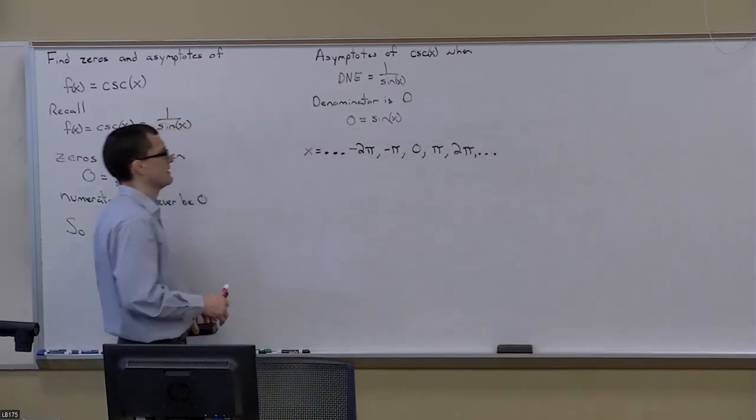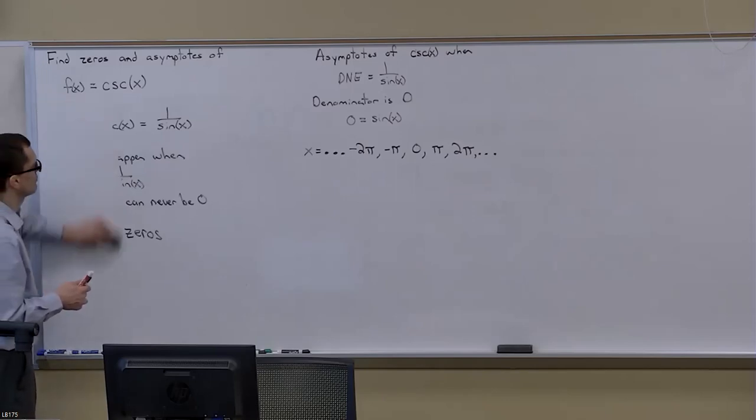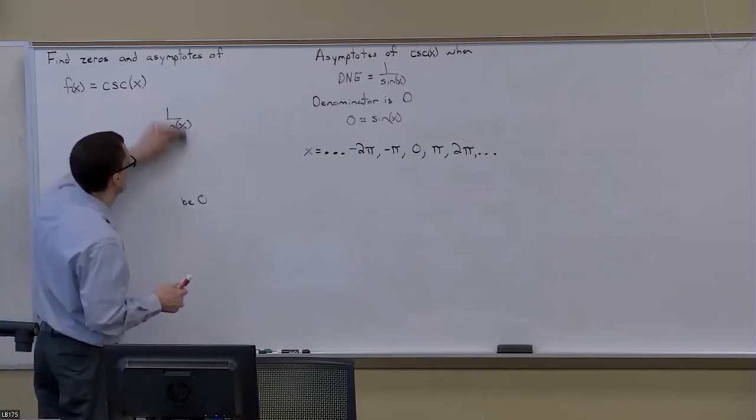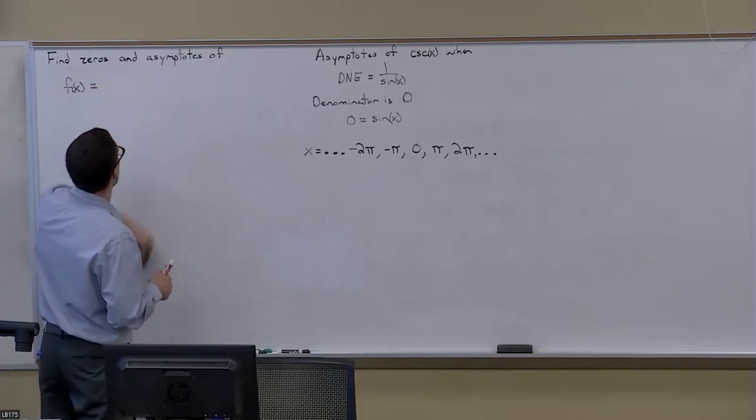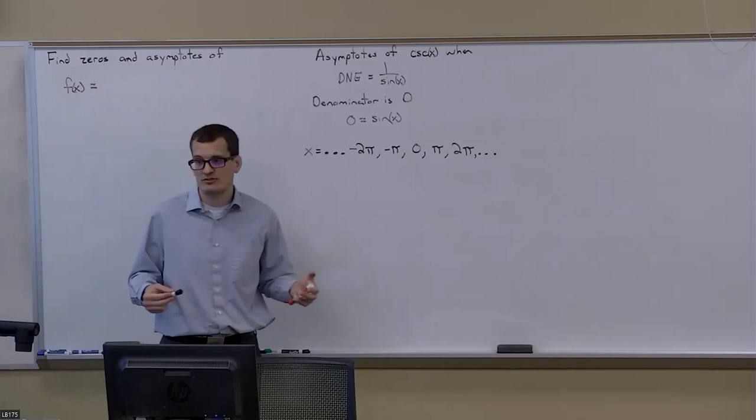And now what we're going to do is ask, what about the zeros and asymptotes, not of the base trig functions, but what are the zeros and asymptotes going to be if I have a translated trig function.